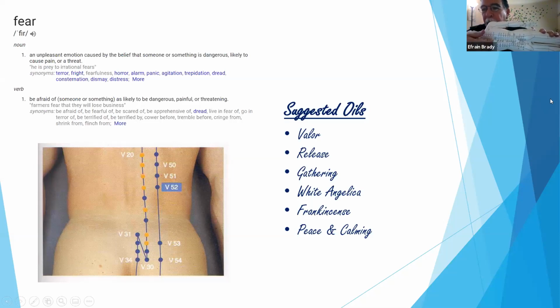In this area, we balance sadness. In this area, we balance anger. In this area, overthinking. And in this area, fear. The ones in this area are difficult for us to reach, okay?